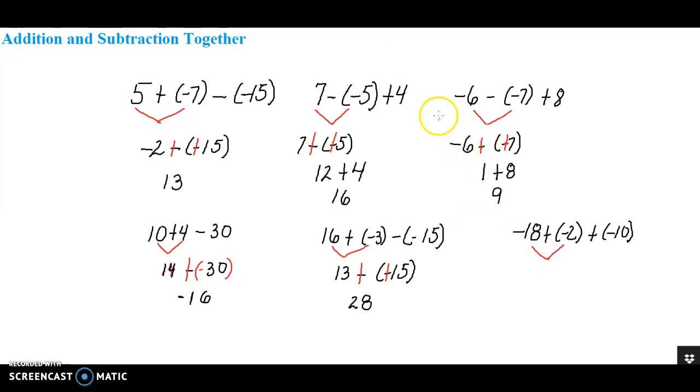When we take a negative 18 plus a negative 2, yep, you should have gotten a negative 20. A negative 20 plus a negative 10, that should give you a negative 30.